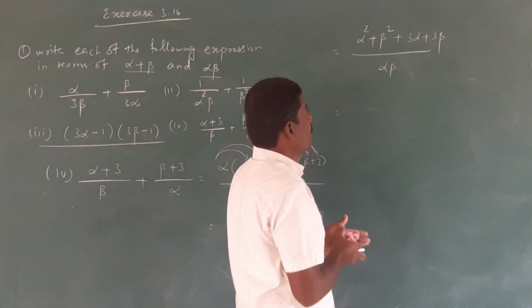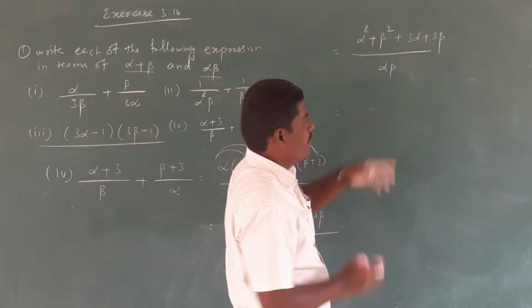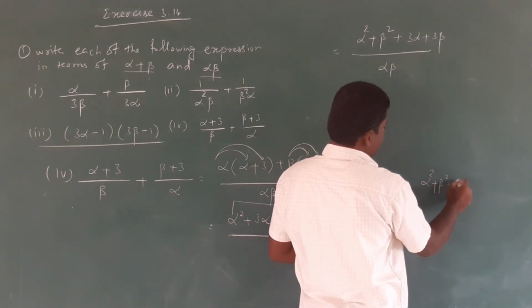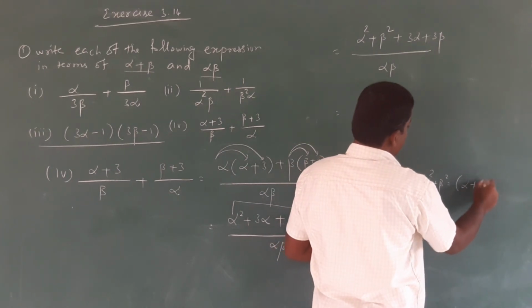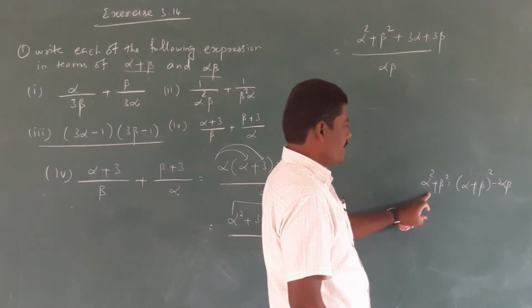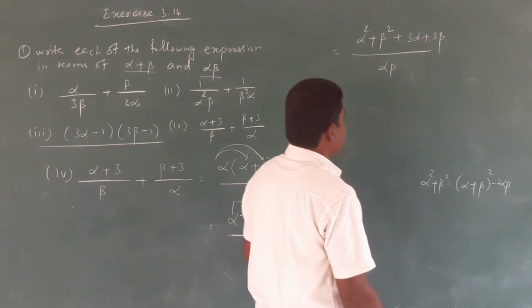Understand? Now, alpha square plus beta square, we already have the formula. You know that alpha square plus beta square is equal to alpha plus beta whole square minus 2 alpha beta.